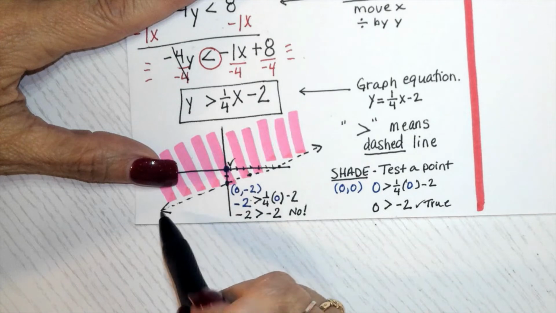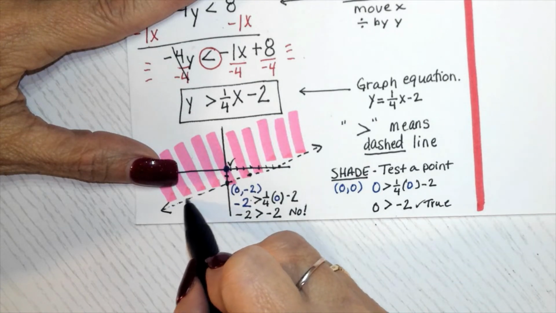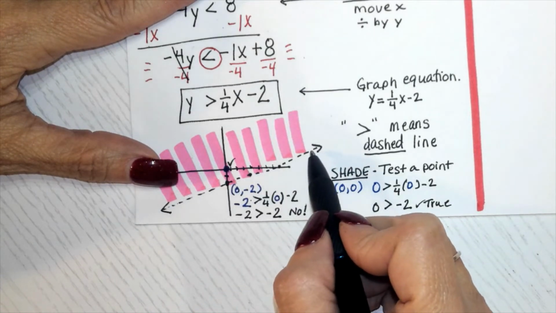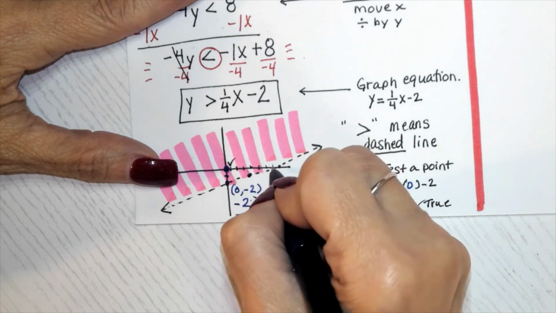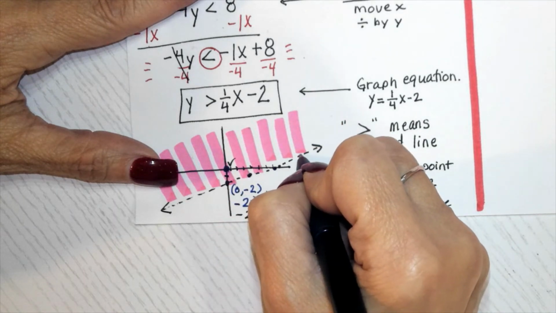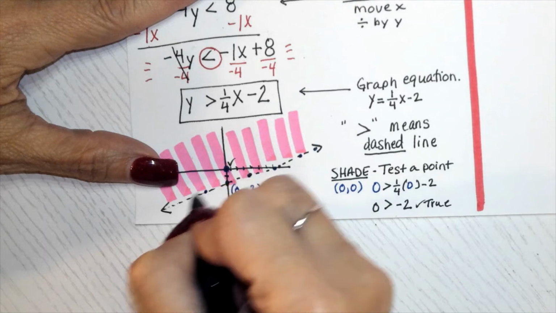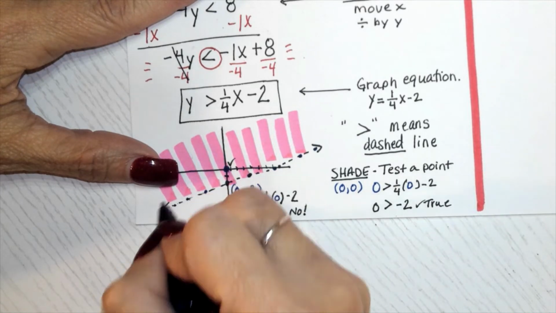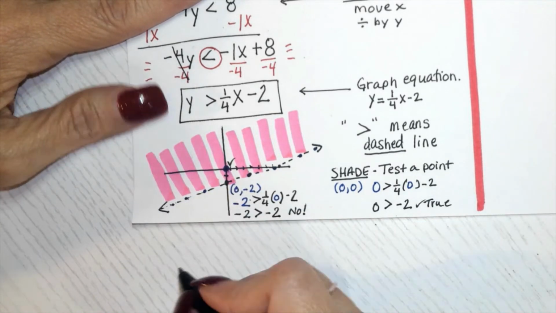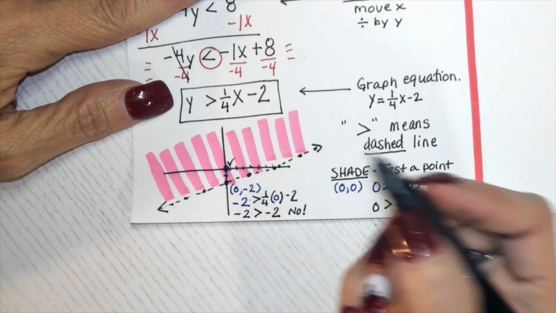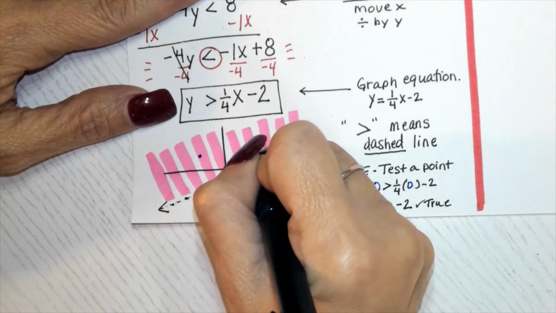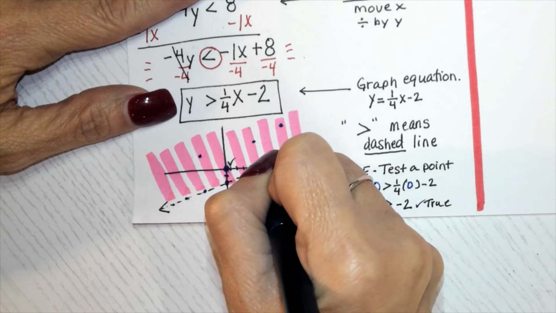What that tells you is this. Because it's a dashed line, that means it's not included. That means any ordered pair that's actually physically on this line is not part of my solution. The only coordinates that work are the ones that are out here in the shaded region.